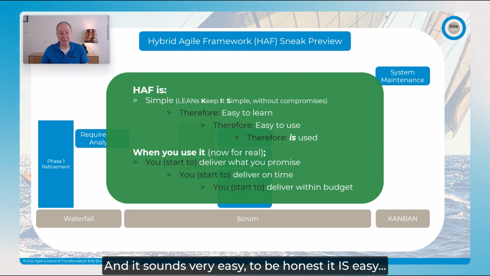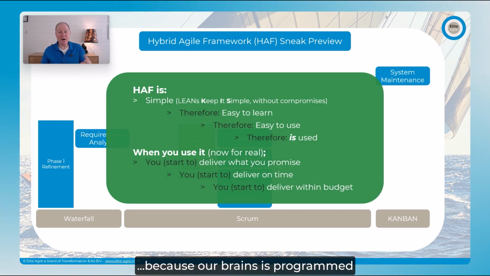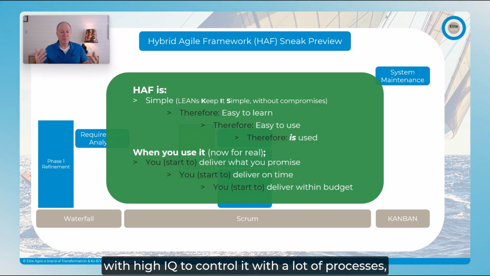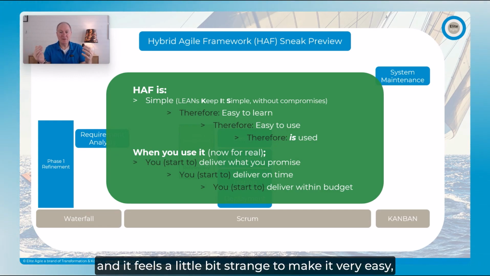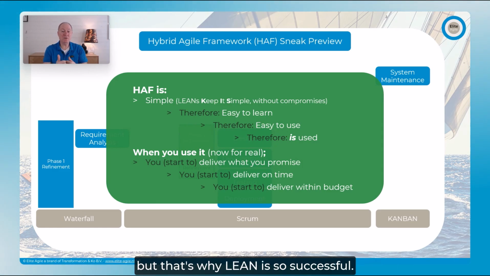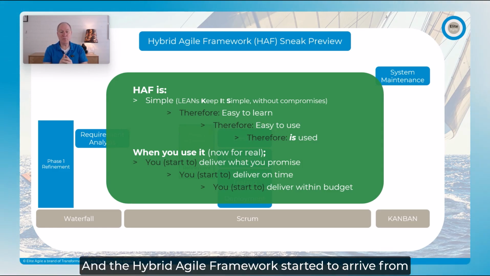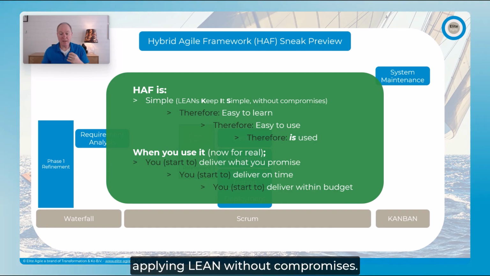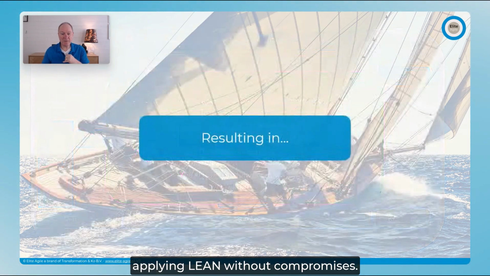And it sounds very easy, to be honest. It is easy, but our brains are programmed with a high IQ to control it with a lot of processes. And it feels a little bit strange to make it very easy, but that's why Lean is so successful. And the Hybrid Agile Framework arrived from applying Lean without compromises.